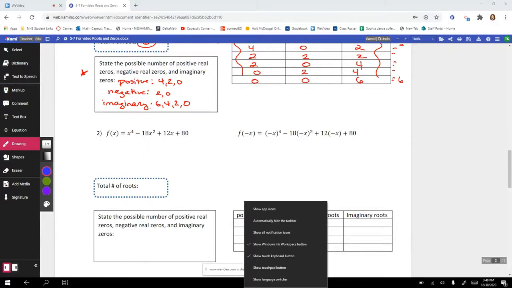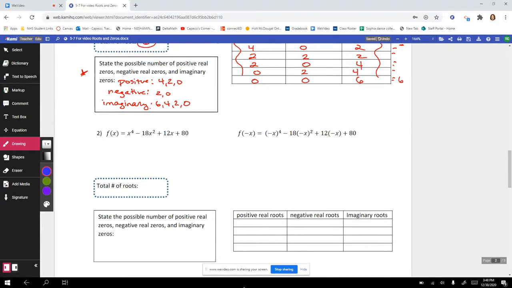Same thing here. I have x, the positive x is substituted into the number of sign changes I have. I have 1 here, and I have another one here. So it's 2 sign changes. So I'm either going to have 2 or 0 positive roots or zeros. Now the same thing, I have to clean this up a little bit over here.